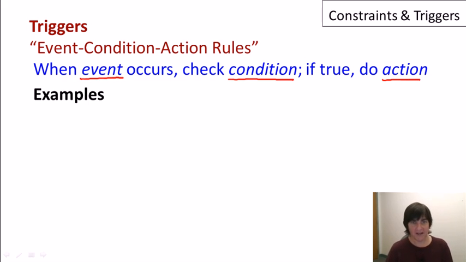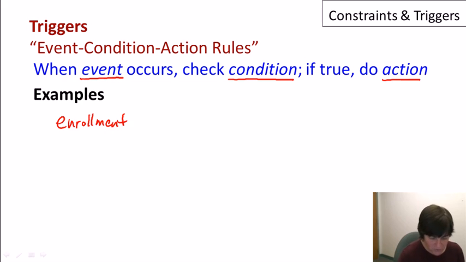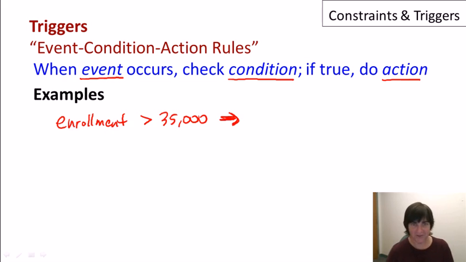So let's look at some examples of what we might use triggers for in our college application. So we might have a trigger that says if the enrollment is modified to exceed, say, 35,000, then let's initiate an action, and now this is not a logical implication, but a triggering of an action that rejects all applications.